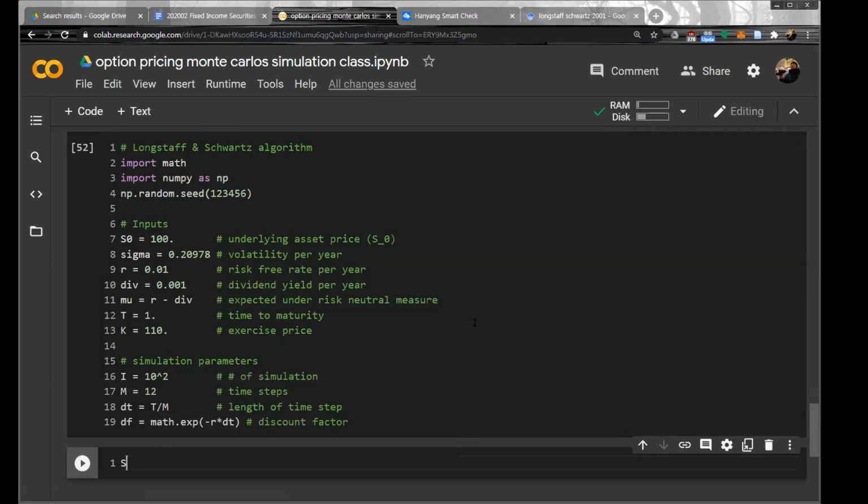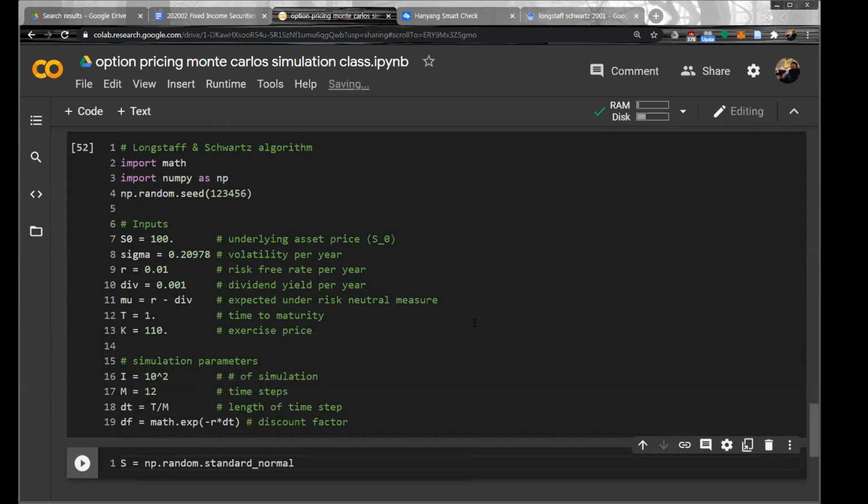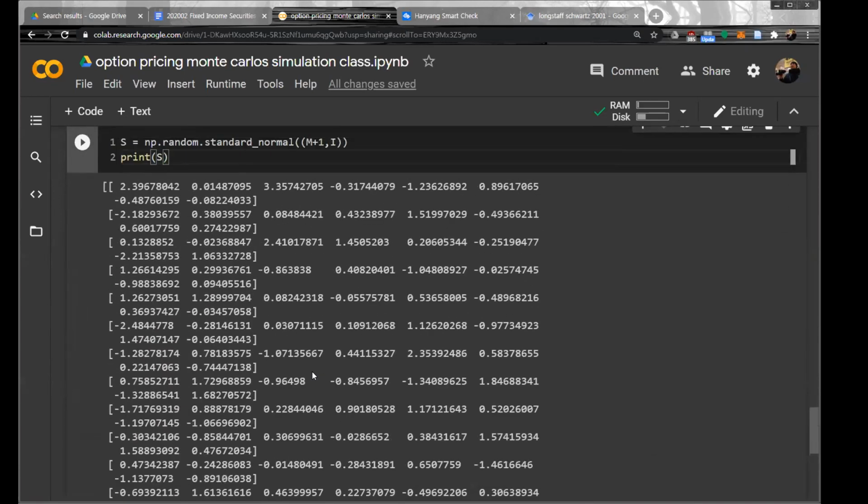First, the random numbers. So np.random.standard_normal, and then we have M plus 1, and then I, the number of simulation. So it looks like this one.